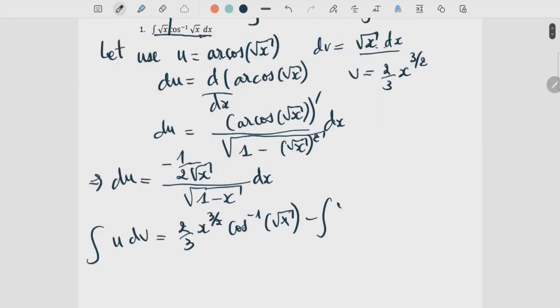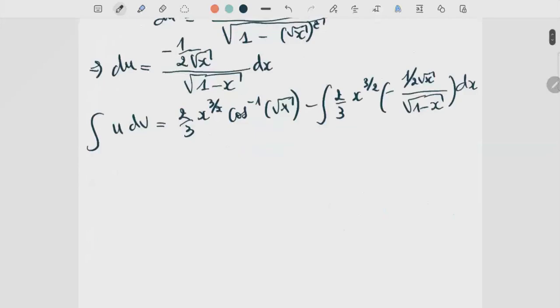So that would be 2 over 3 x to the 3 over 2 times du, which we found to be negative 1 over 2 root x divided by the square root of 1 minus x dx.